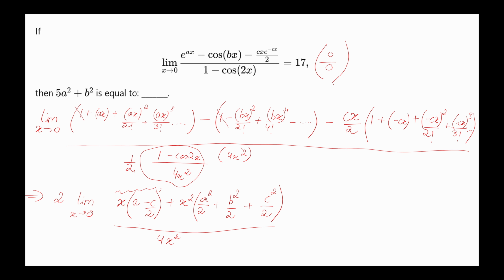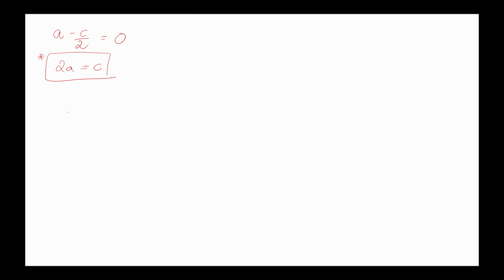Now what I can do is simply this 2 would cancel out this 4 here twice. X square and x square would cancel out each other, and from here what would we be left with? Our limit x tends to 0, the entire solution. Let me write it down directly.